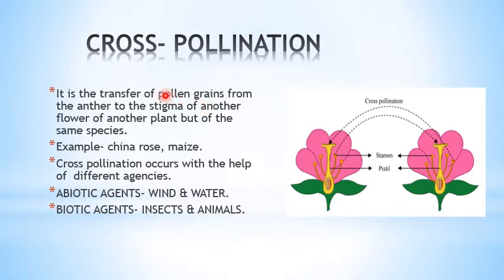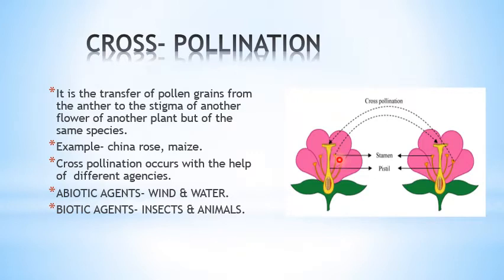Cross-pollination is the transfer of pollen grains from the anther to the stigma of another flower of another plant but of the same species. So that is the anther and this is the stigma.